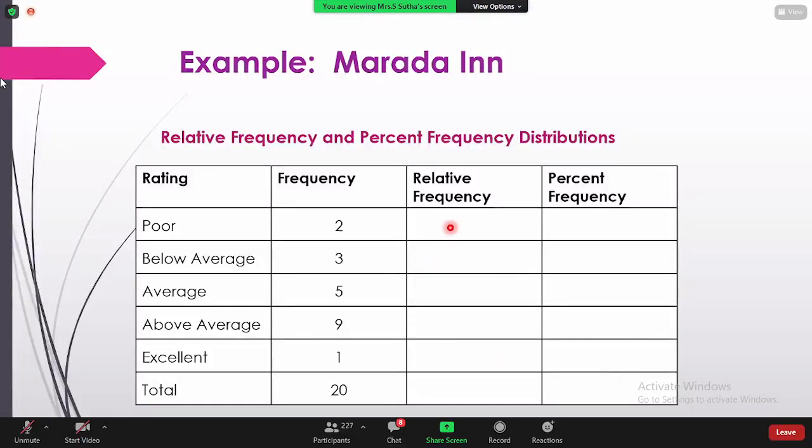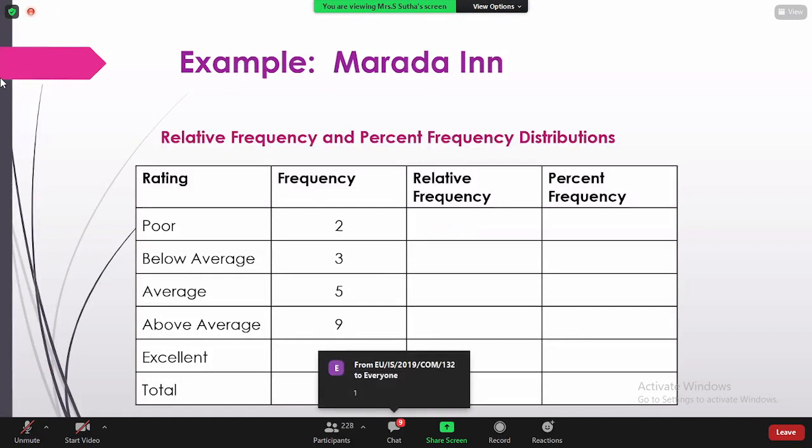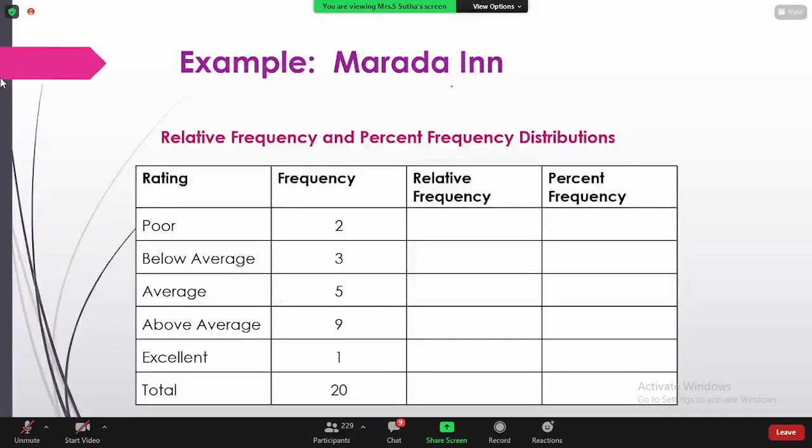Now, what is the relative frequency for the first class, poor? The relative frequency for poor is 0.1.